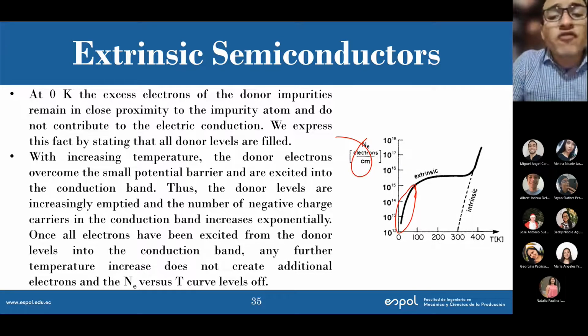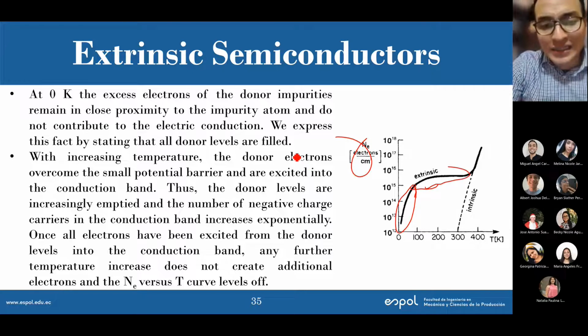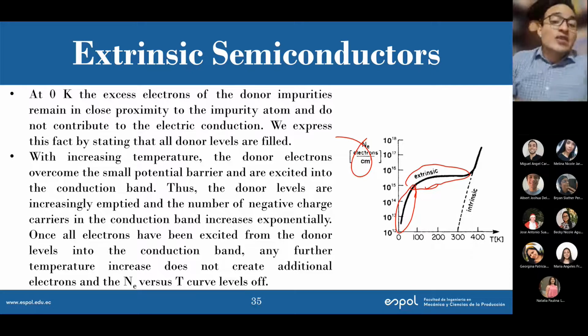And then you see it sort of flattens out. It does increase, but very slightly. And then the effect that dominates becomes the intrinsic one. So around 300-ish Kelvin, it's all the intrinsic effect that dominates.